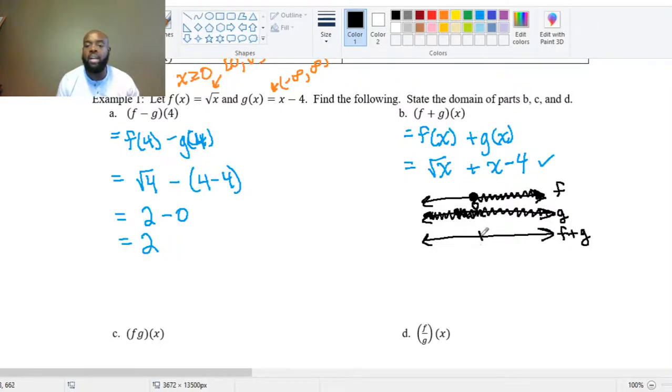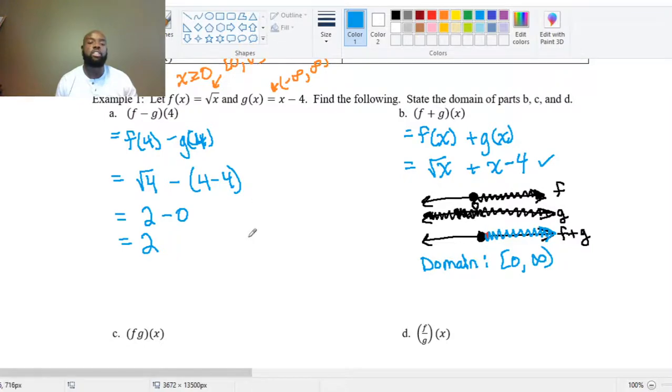So my domain of my final function will be from 0 to infinity, basically, which is the same thing as the domain of f. And so the domain is 0 to infinity.